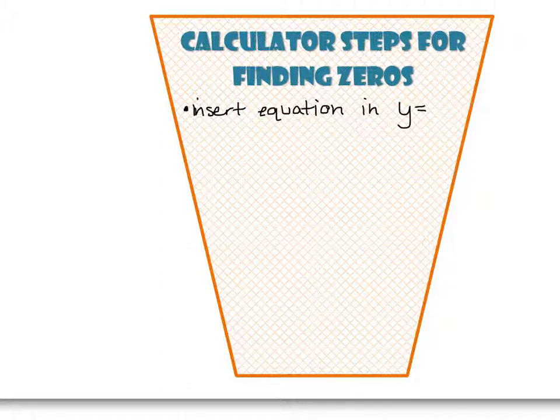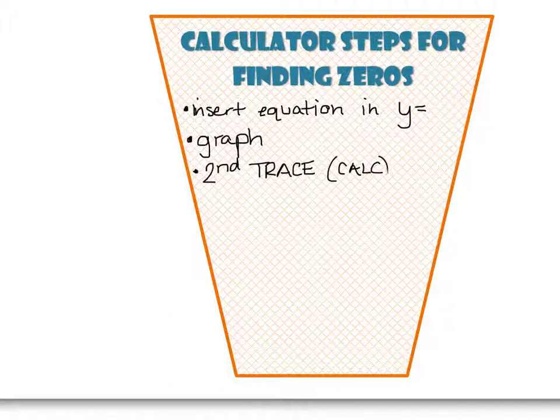So the first step you're going to do is get your equation in y equals in the calculator. And then you'll graph it so you can see it. And then you'll hit second trace, which is the same thing as calc. And option number 2 says 0. That's the one we want. I wish that it could be number 0, but it's not.